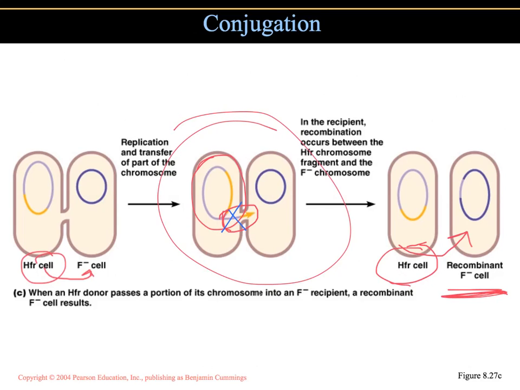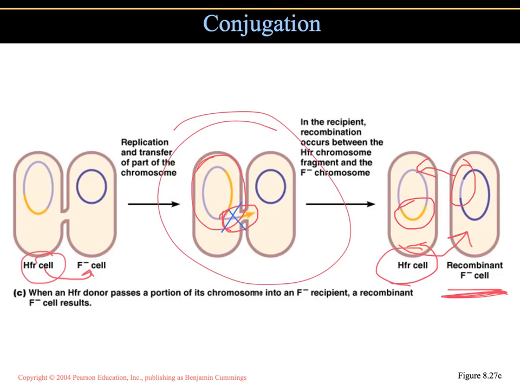But the recipient cell is considered a recombinant cell because it still got some of the DNA. It's shown here in this lavender color. It still got some of the DNA from the donor cell, but it did not get the F plasmid, so it remained F negative. The lavender genetic material got sent over to the recipient cell, which makes this a recombinant cell.